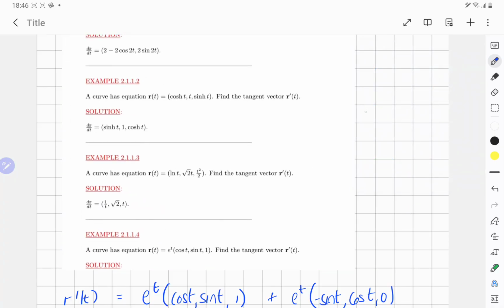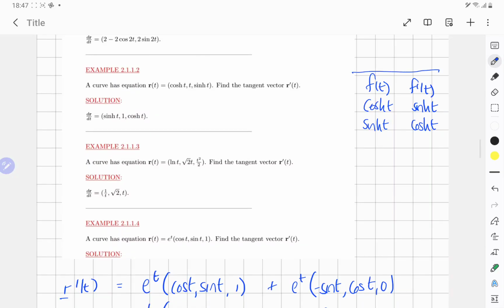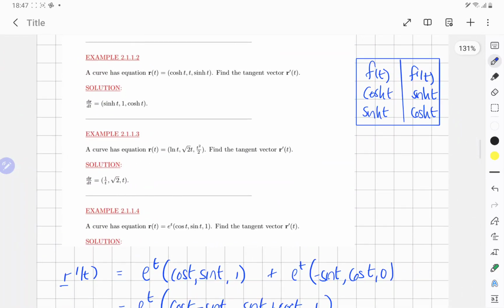So just to recap, the derivative of cosh t is sinh t, and the derivative of sinh t is cosh t. There are no minus signs involved. So that is very important. But as you've noticed by now, I use derivatives a lot, so you really need to know your derivatives.